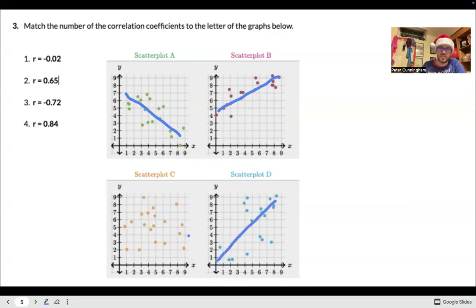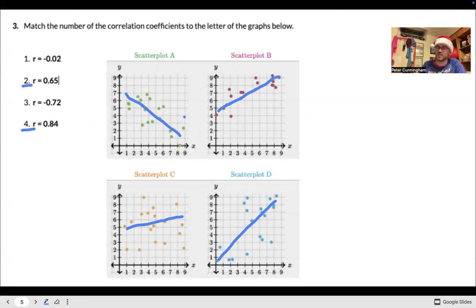I'm going to look at D and B first, and then I'm going to leave C to last. I look at D and B and I say, okay, they're both positive. So which ones could they be? They're either number two or number four, because those are my two positive options.